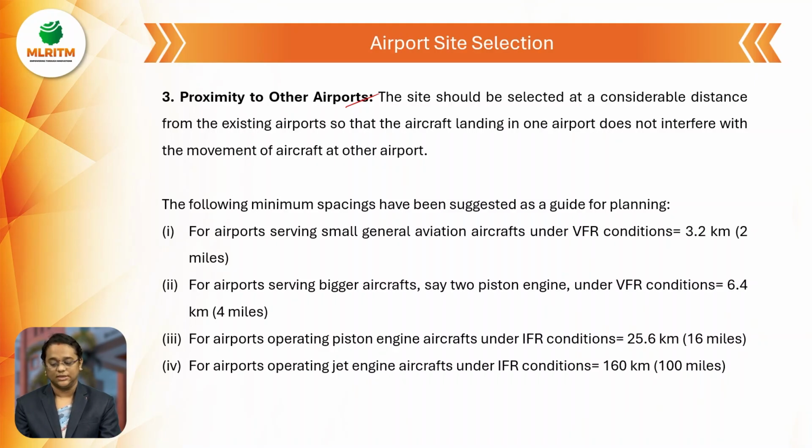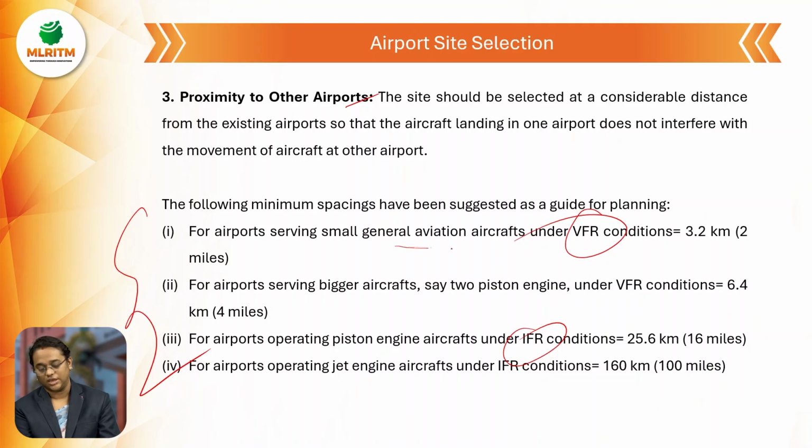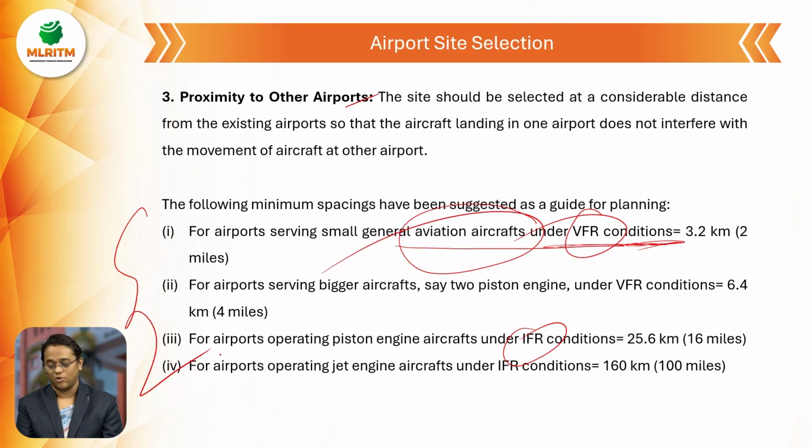For VFR conditions, visual flight rules, and IFR, instrument flight rules, we have to make sure there is a good range of distance between two airports, and these requirements are given by the ATC. For general aviation, like small aircraft, a minimum of 3.2 kilometers, that is 2 miles, should be maintained.